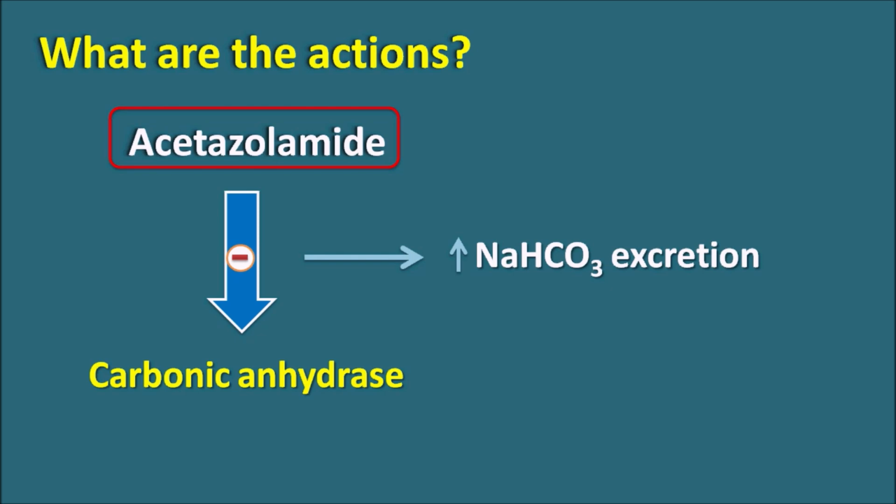So by excretion of sodium bicarbonate, the urine becomes alkaline, but the urinary volume is not excessively increased, unlike the loop diuretics. Loop diuretics increase sodium chloride excretion, which results in large volumes of urinary excretion. But here, acetazolamide only results in increased excretion of sodium bicarbonate, which results in a mild diuresis. That's why acetazolamide is a mild diuretic.